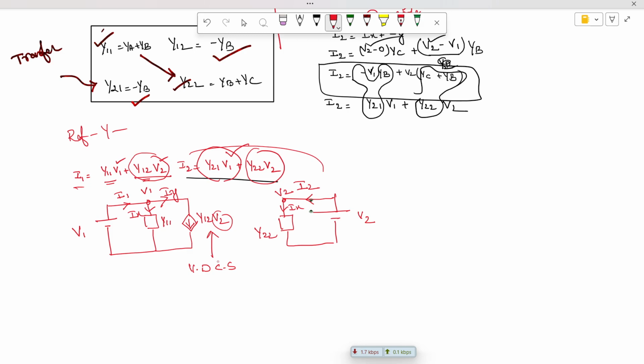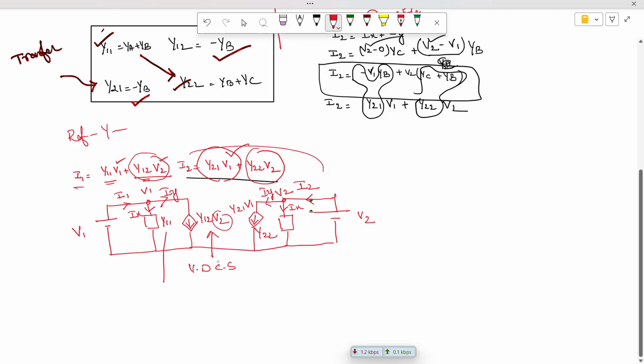How to represent an output port in terms of the input port is to use a dependent source and represent the arrow mark, and this value is y21 v1, and this is iy. So join the input port and output port, this is the equivalent circuit.